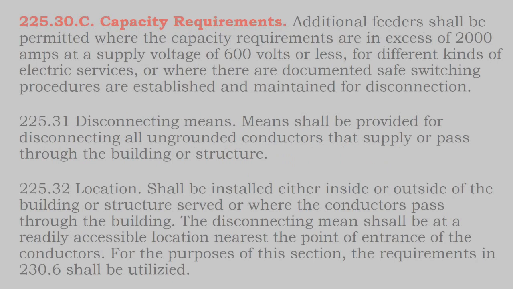Then again, supplies only go up to be so powerful, and so you're allowed to add additional supplies to a building when you're at a supply voltage of 600 volts or less in excess of 2000 amps. So let's say you're a commercial building and you're on a 480 volt service and you have 2000 amps of service.